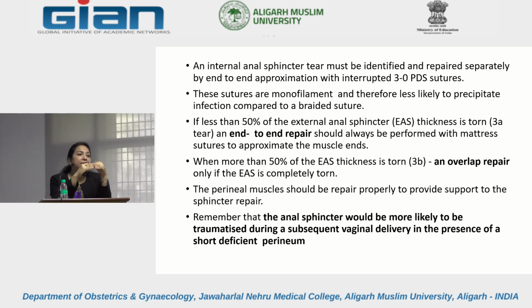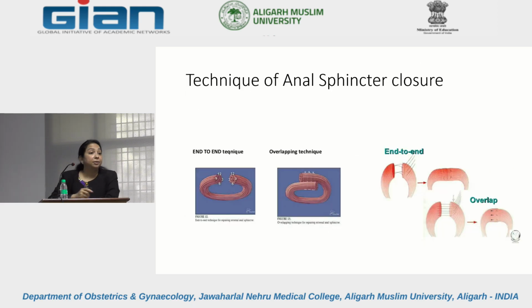So a good perineum with a good perineal muscle repair is the key to the success of OASIS repair and to preventing incontinence. So this is the end-to-end technique, this is the overlap technique. Even in a grade 3 tear, you can go for end-to-end, but it is better to go for overlap if you are expert enough in doing the overlap technique.